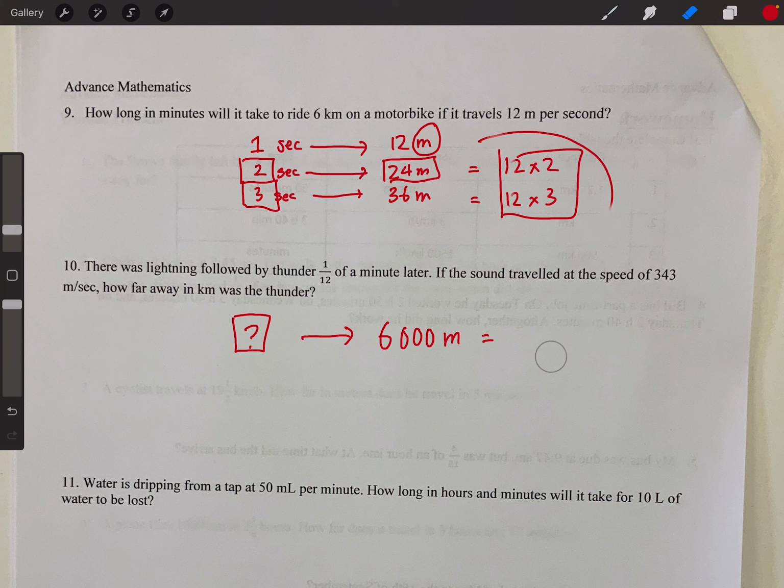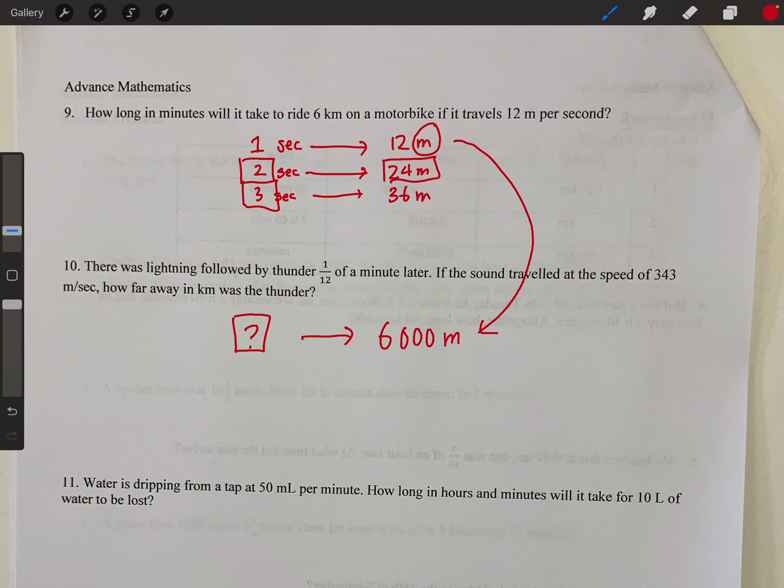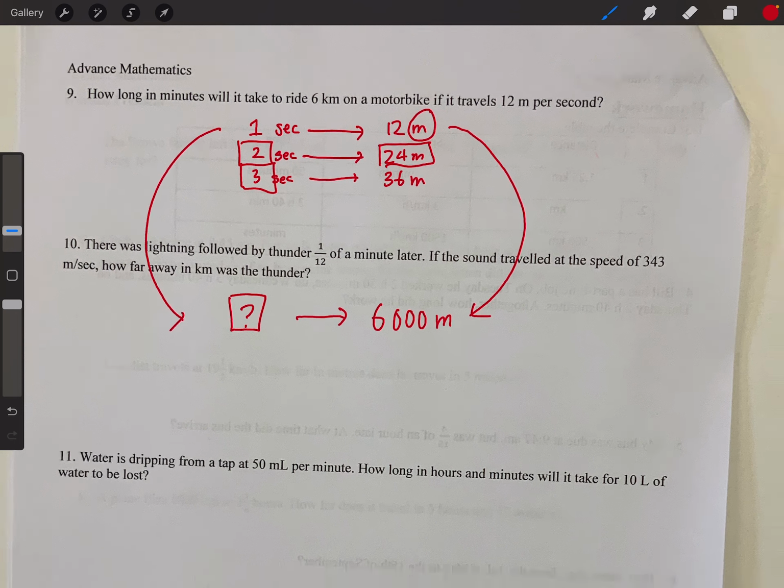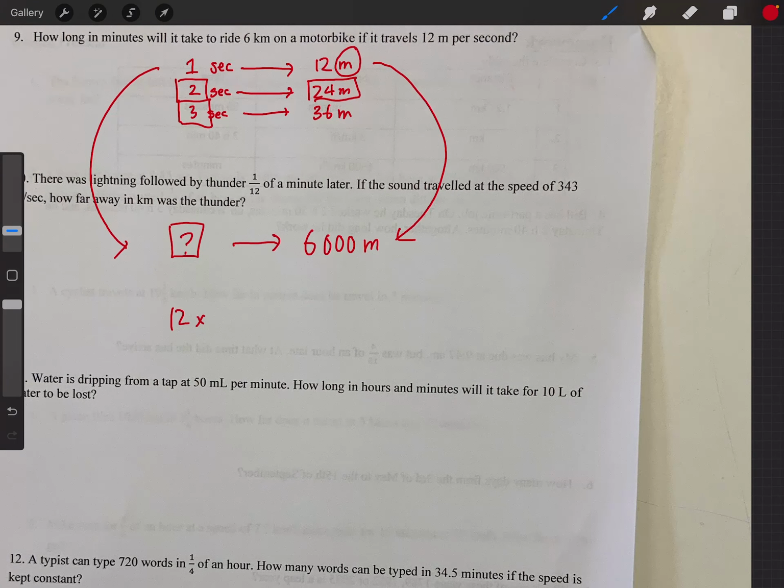Or you can think of it this way. Another way to think about it is, how do I go from 12 meters to 6,000 meters? And then whatever you do there, you're going to do the same thing here. Alright, so what we're going to do is figure out 12 times some number equals 6,000.